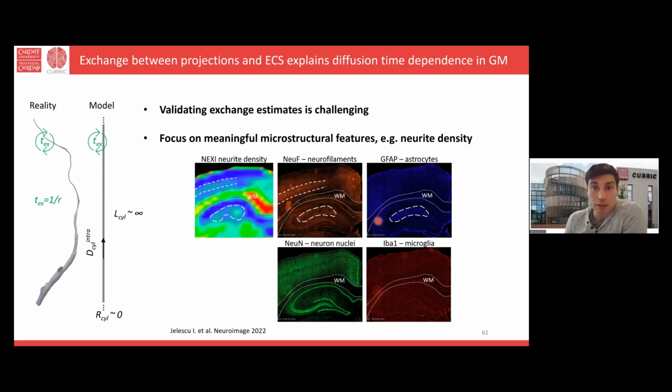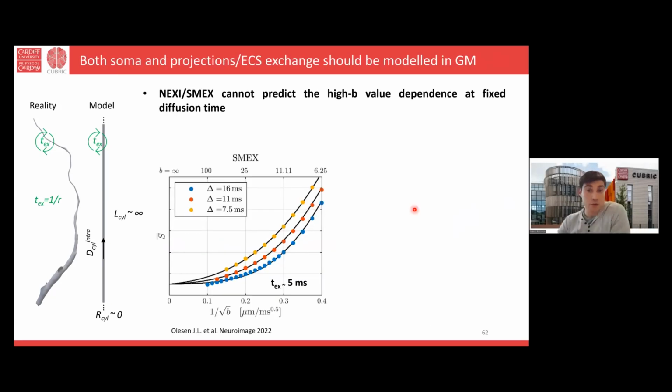And so the hypothesis here is that glial cells are more permeable than neurons. So the exchange time should correlate with, for example, astrocyte staining, GFAP, and a positive correlation was found. If you use SMEX, the exchange time estimated ex vivo is around 5 milliseconds.